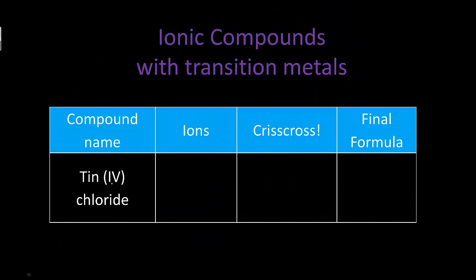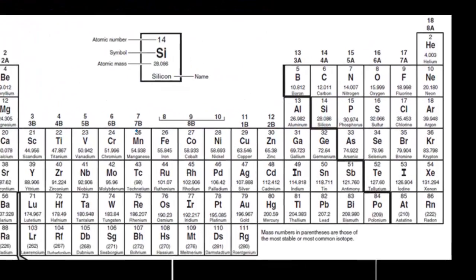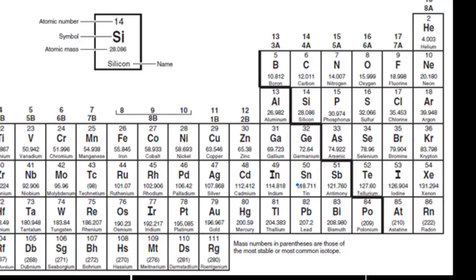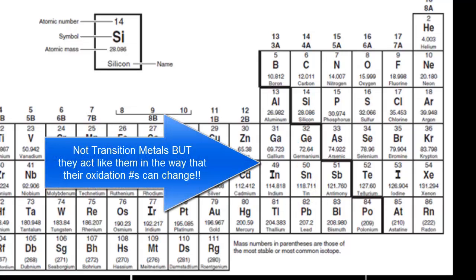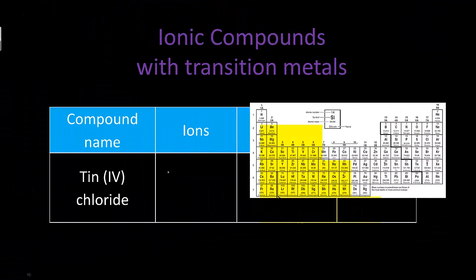Next example, tin 4 chloride. Tin is right here. It has the chemical symbol Sn. It is not a transition metal. Okay, so Sn, and it has an oxidation number of 4. All metals are always positive, so I'm going to put a plus 4.